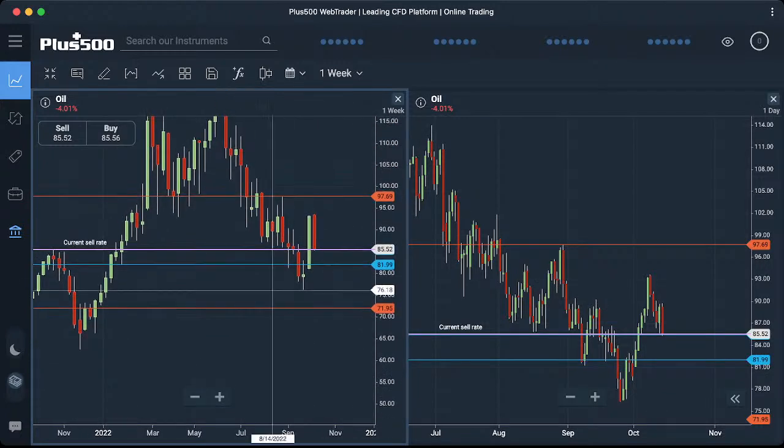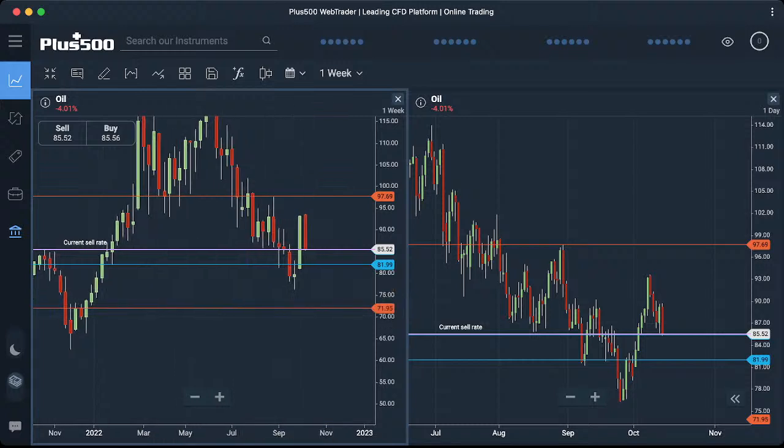So on the weekly chart, we can see 71.95 is the weekly bullish order block, which is not tested yet. Price can push to the upside first to take the 97.60 level, which was our target from last week.